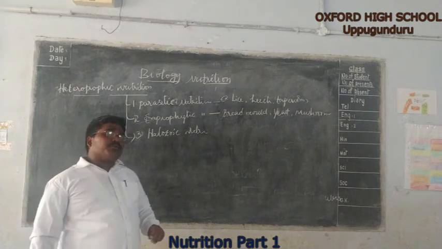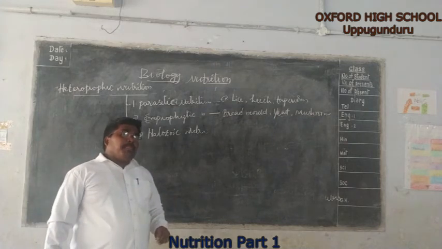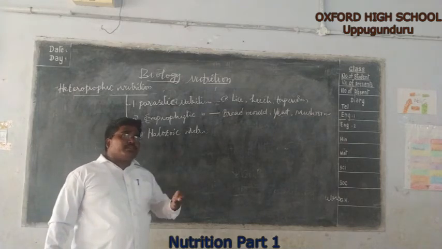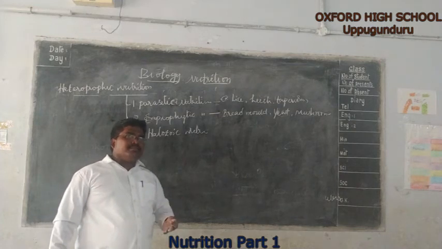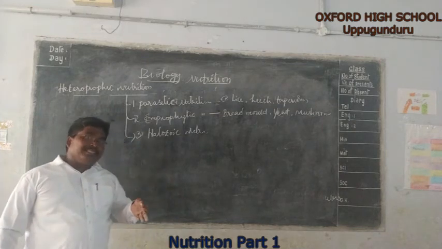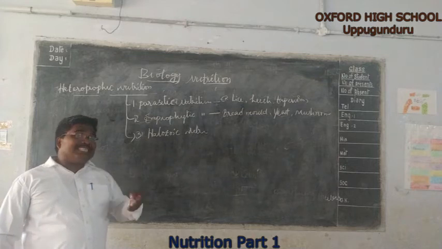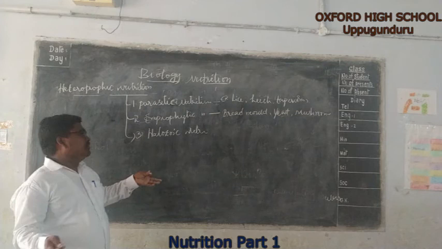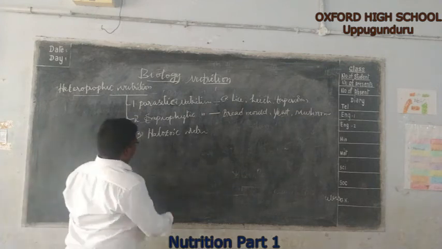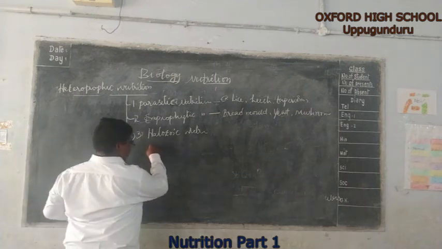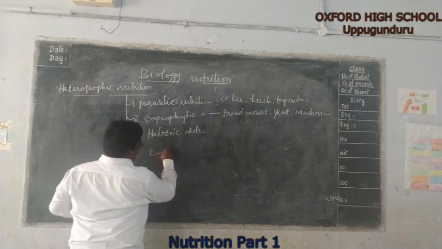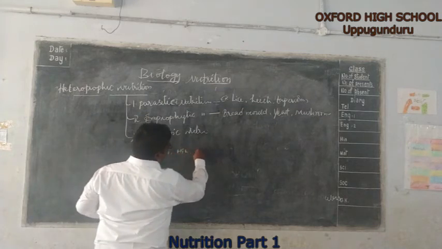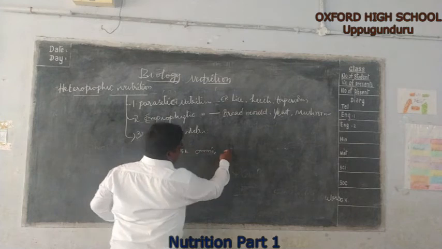Now, I am going to explain about the organisms that have different types of food habits. They have different types of food habits and their digestive systems also vary. For example, carnivores, herbivores, omnivores, sanguivores.